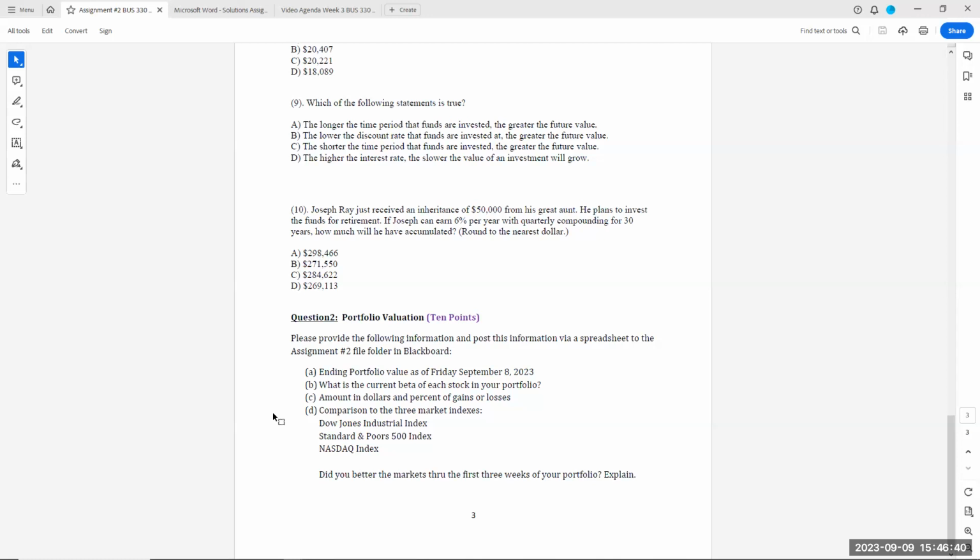I provided a sample spreadsheet file in Blackboard for you to follow along on how to do that. So make sure you post that separate spreadsheet file as the second file you're indicating for assignment number 2. And that'll lead us into next week's week 4, where we talk about bonds and stocks.